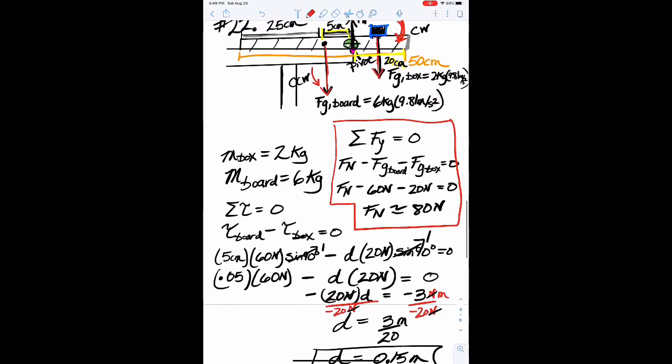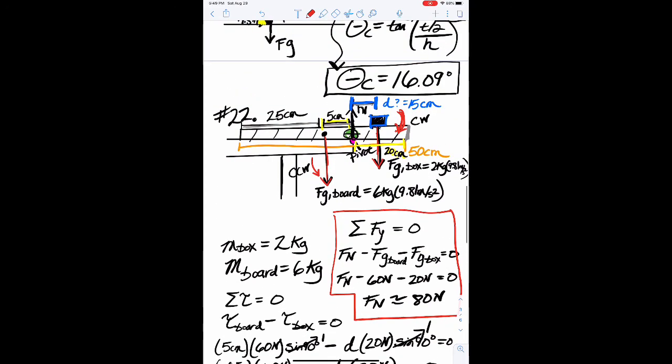I think the key there is knowing that the combined center of mass has to be over the pivot, and we have that in green there, and that both forces of gravity exert a torque, and normal does no torque when it's balanced and the box is as far out as it's going to go. All right. Anyways, that's it. Hopefully that helped.